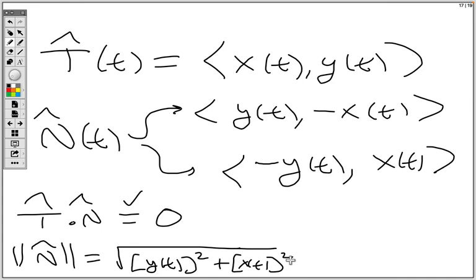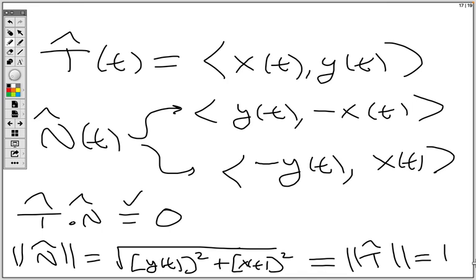Yeah, it's going to go away, and you're going to get the exact same as the magnitude of t, which is what? 1. So you can get n of t just by doing this switch.